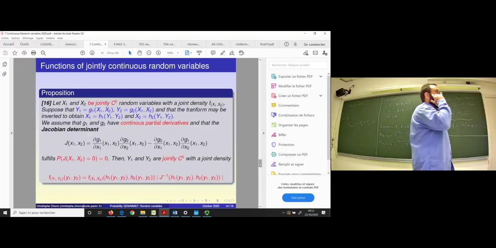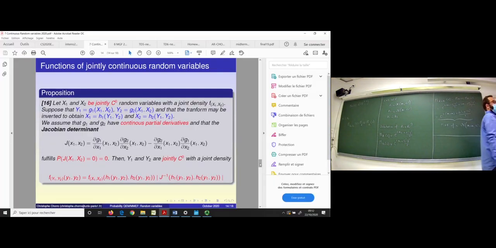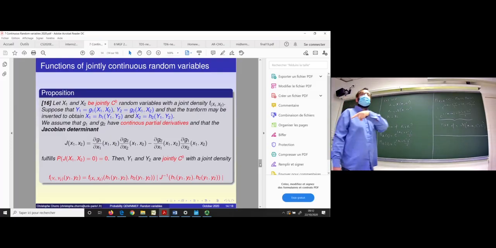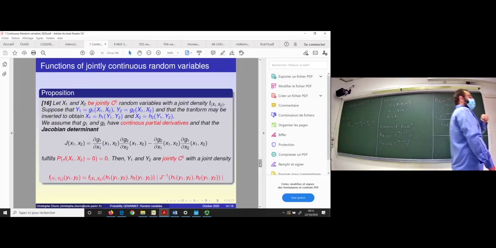This one, proposition 16, is how to obtain the density function of the transformed pair. So an application of this proposition 16, that will be exactly what we are going to do in exercise 2 of the list 5 and the list 6 in a few minutes, okay?